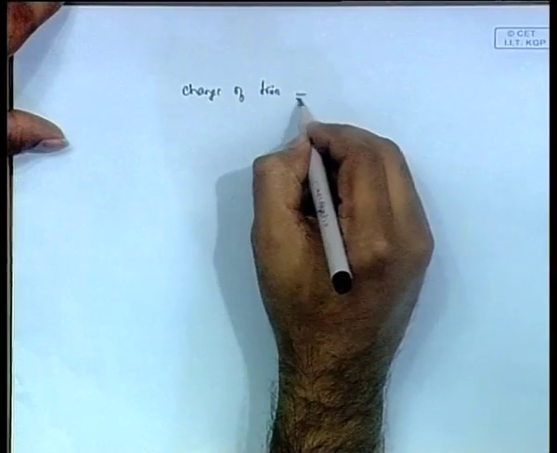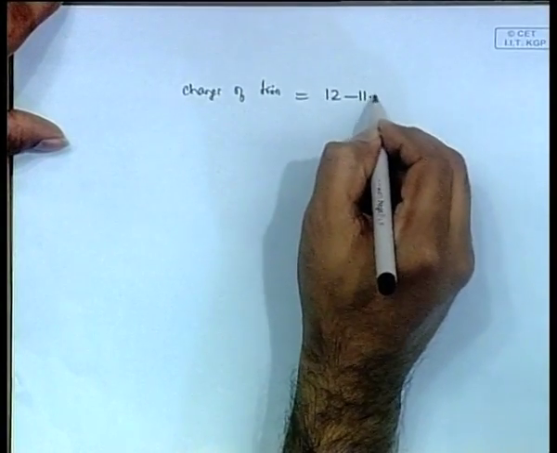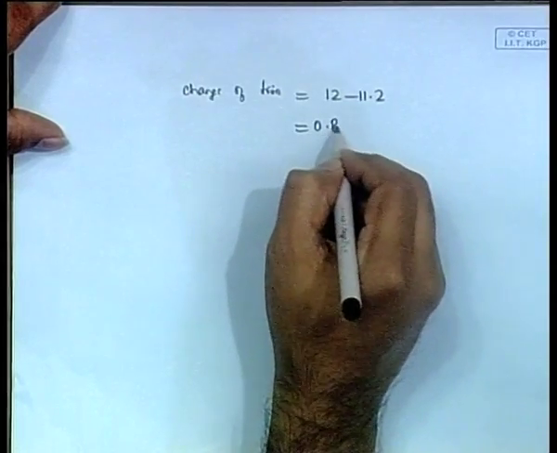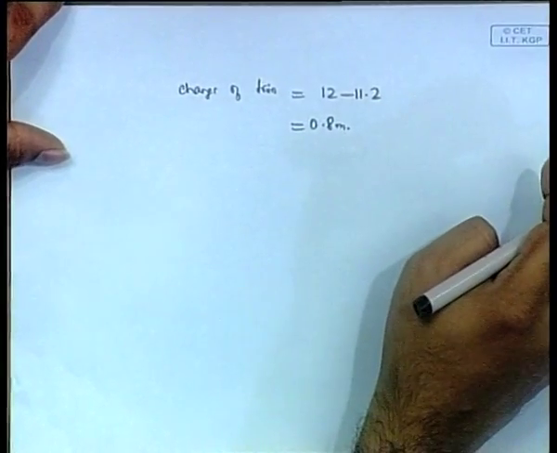Finally, the difference should become 0 because it is even keel. Therefore, the change of trim is 12 minus 11.2, which is equal to 0.8 meters.